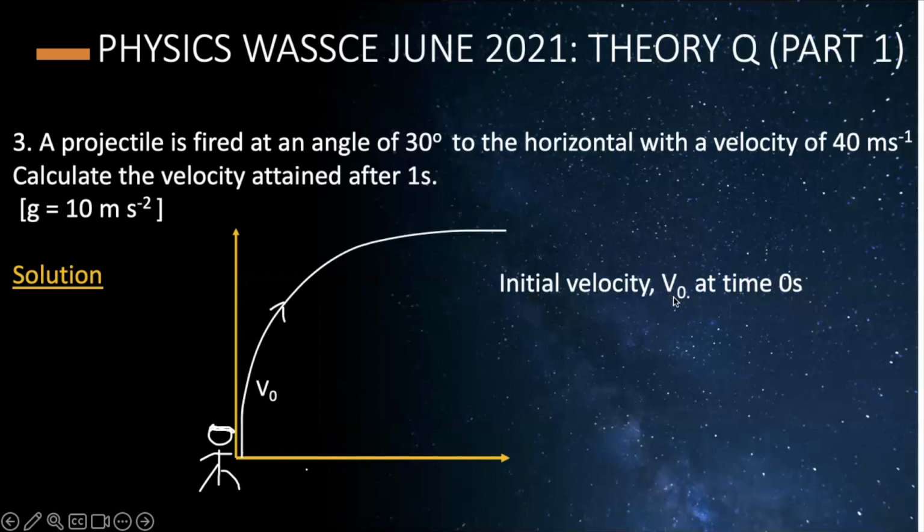And the time at that point is 0 seconds. But then as the stone leaves your hand and begins its motion, time starts to count. Now, the question we are asked is to find the new velocity at time 1 second. So we are going to estimate that new velocity after 1 second has passed.